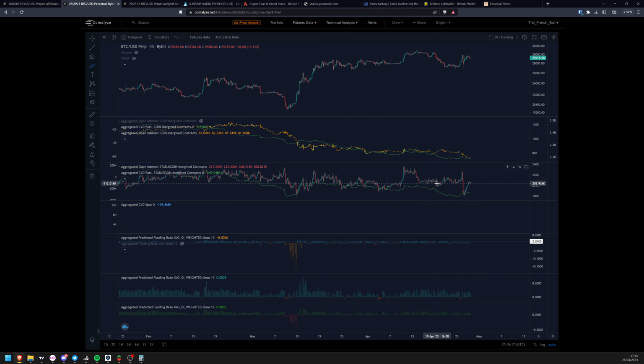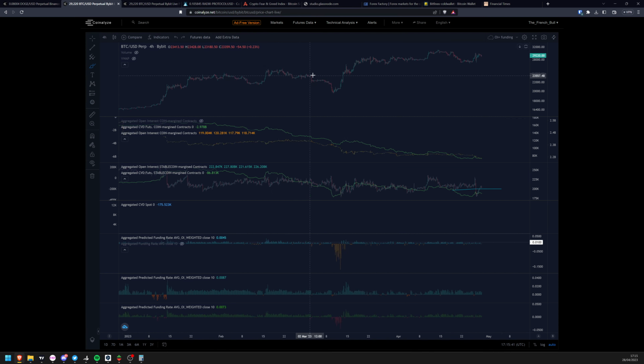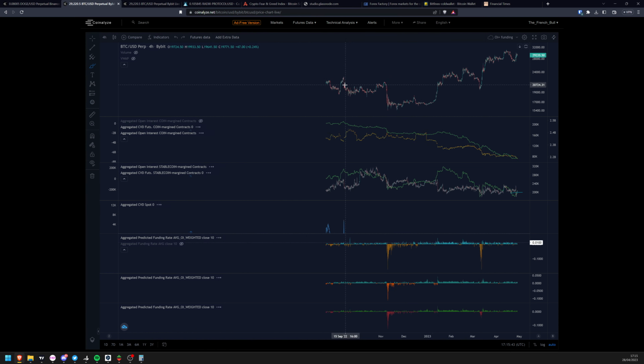We already wiped out all the longs on USDT. We can clearly see that we broke the floor, and we are back to where we were here. And the weird thing is how open interest has just been going down on the inverse pair.